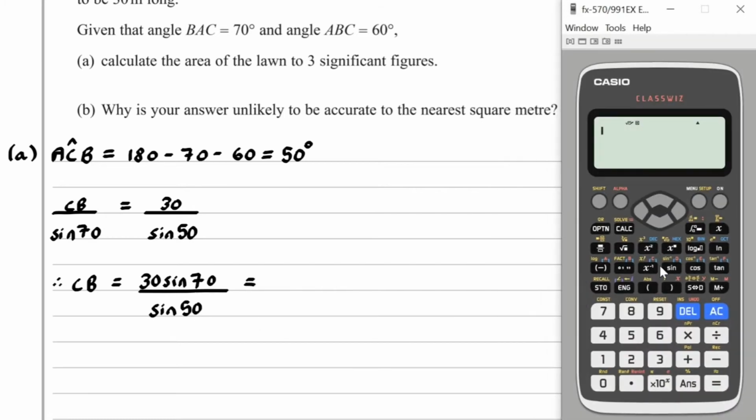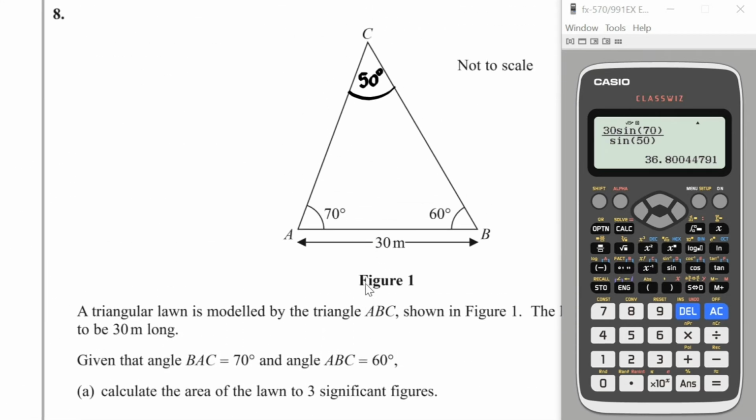So if we work all of this out, 30 sine 70 divided by sine 50, we get 36.8 etc. meters. So let's add this to the diagram.